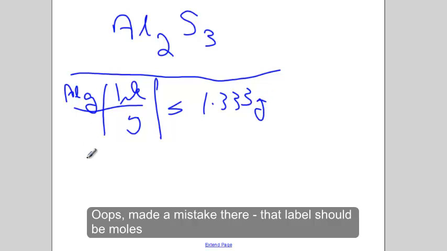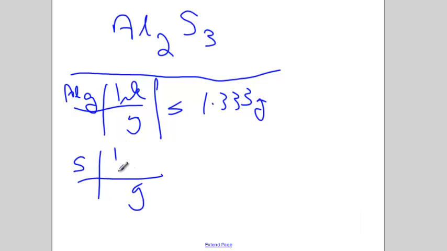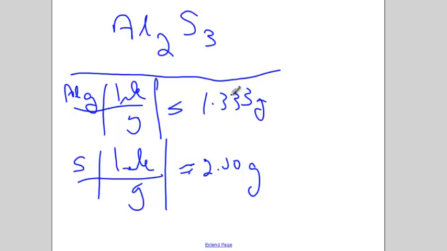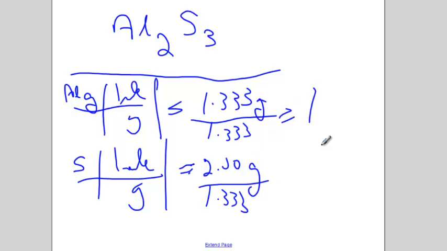And then this one, you have some grams of sulfur. And that one's going to end up being something like 2.00. And then you're going to go, oh, let me divide by the lowest, 1.333. This guy ends up being 1, but this guy ends up being 1.5. And you can't round that. You'll actually get the wrong formula.